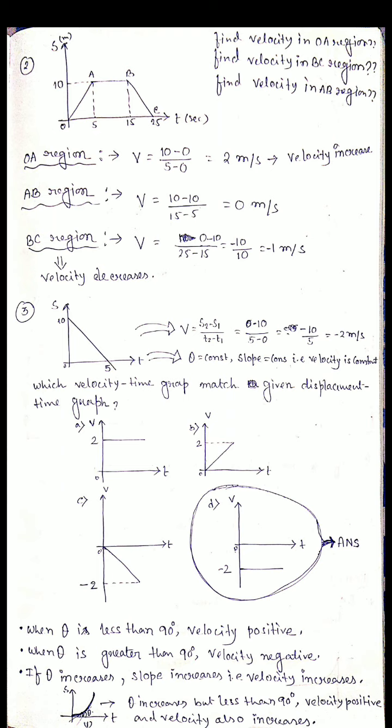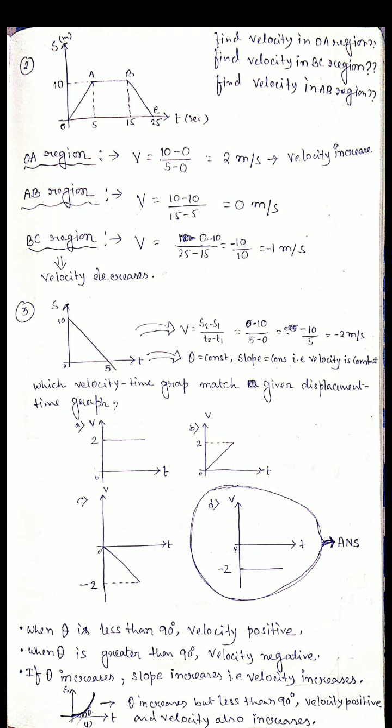If theta is constant, that means slope is constant, that means velocity is constant. So we can say that this displacement time graph gives us a negative uniform velocity. Negative uniform velocity. It is constant but in the negative region.